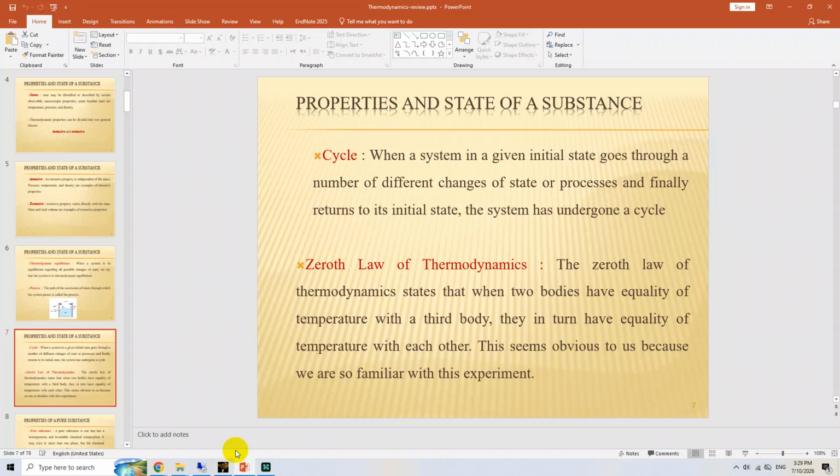The zeroth law says that when two bodies are at equal temperature with a third body, for example systems A, B and C, when A and B are at equal temperature, and B and C are also at equal temperature, we can infer that systems A and C are in equilibrium, or at equal temperature, with each other.